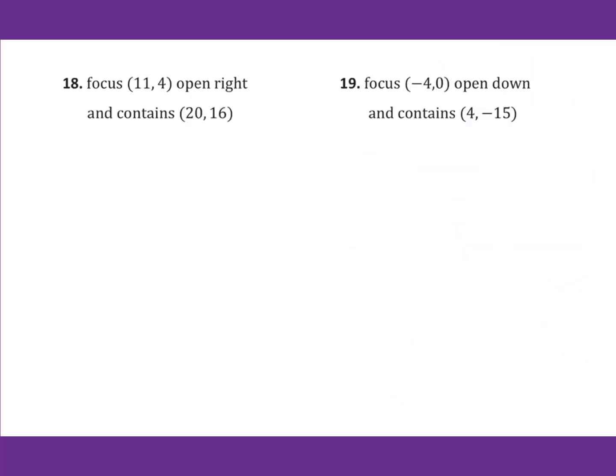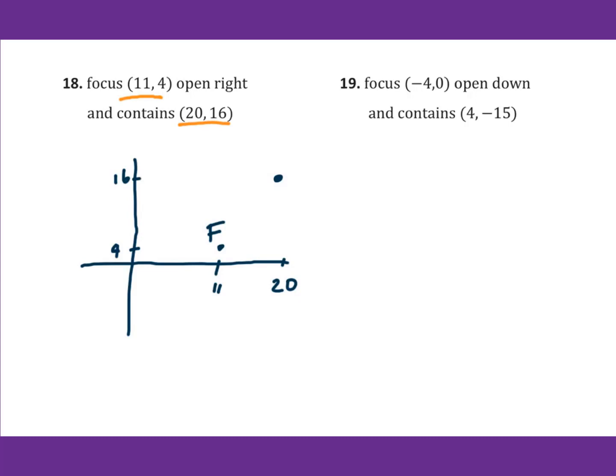For number 18, we know the focus, it opens to the right, and it contains this point. We got the points for the focus and also this point. We know the graph opens to the right. Since the focus is always inside the curve, the graph looks like this.